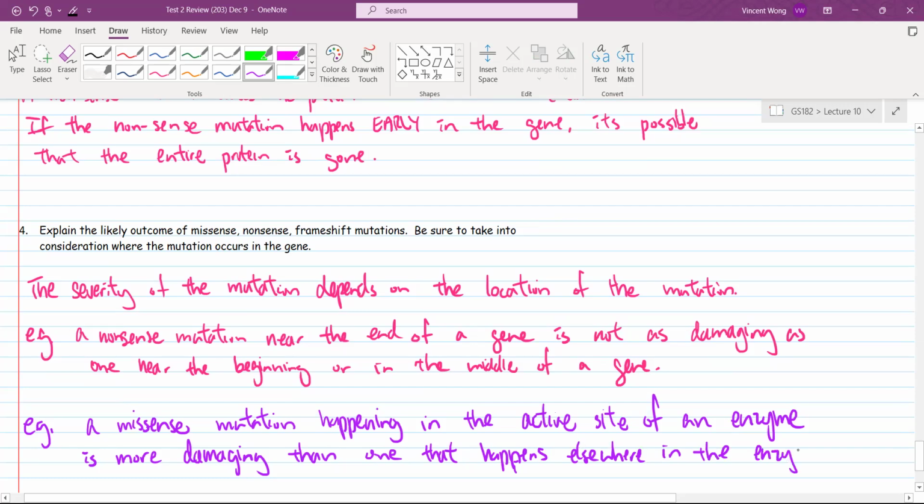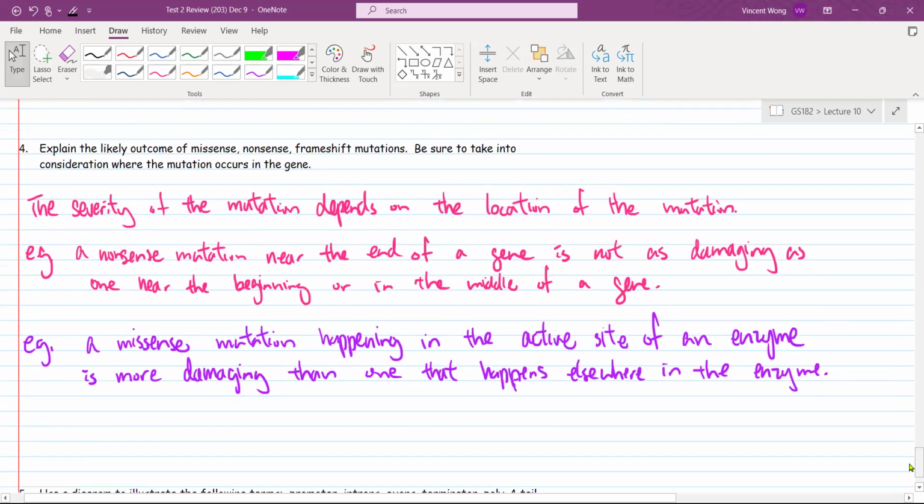Because the active site is where you're going to fit the reactants. And if you change the amino acids in the active site, you might end up changing the shape of the active site, and it will cause the enzyme to not work, right?